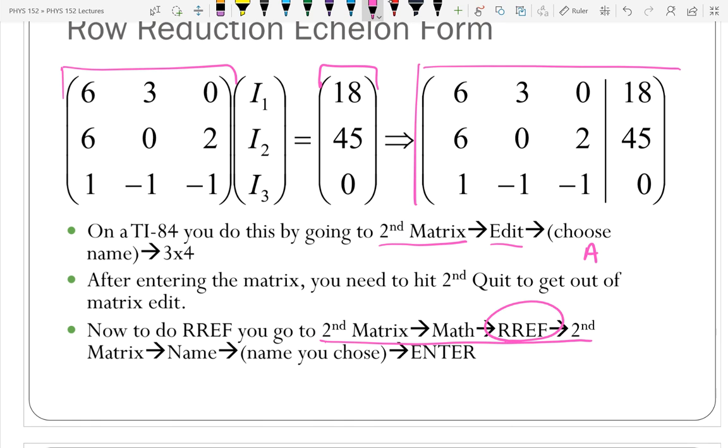It's quickest to use the up arrow to get to it. So you do second matrix math, go up to the row reduction echelon form and hit enter. And then, again, the second time, second matrix, choose your name and hit enter again. I missed putting an enter in right there.